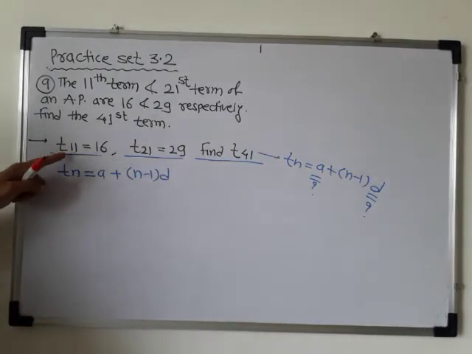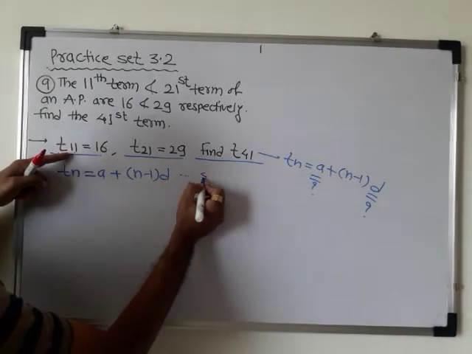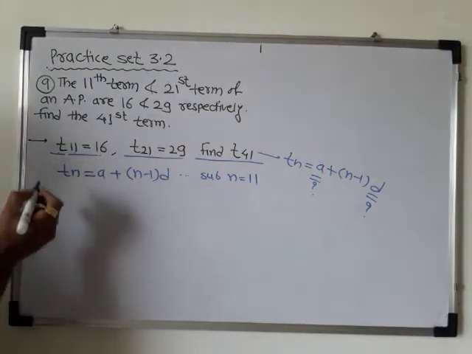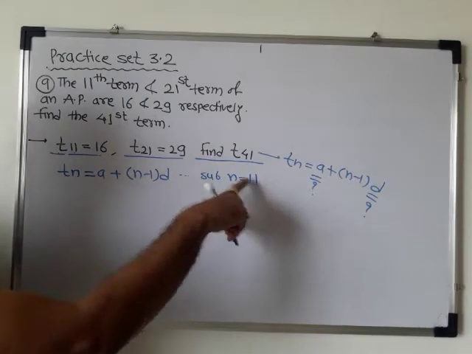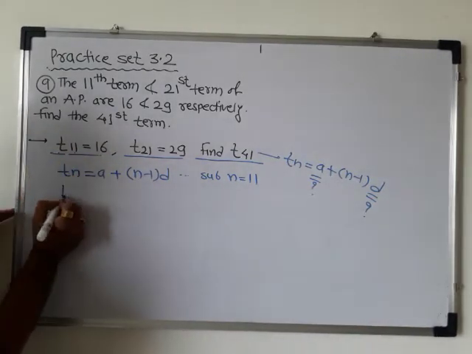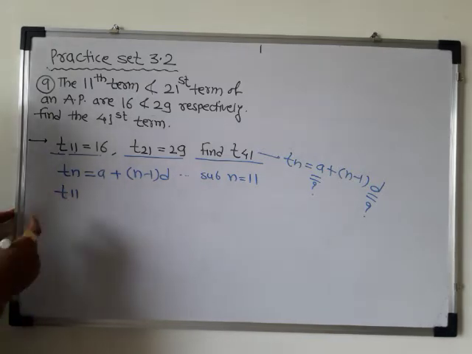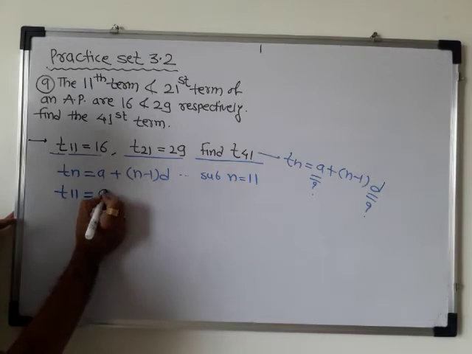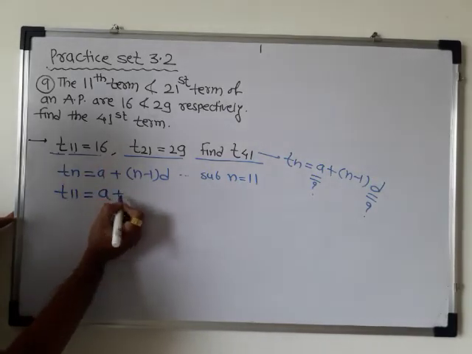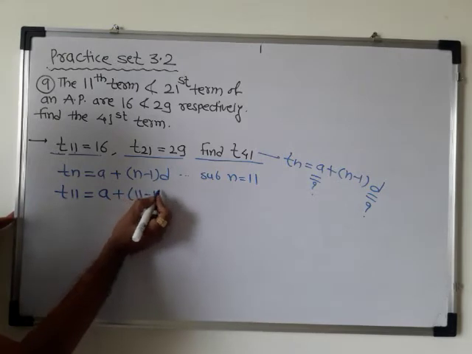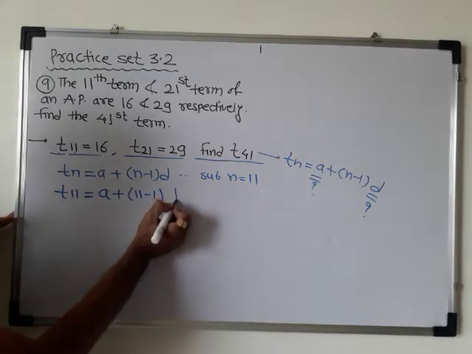As the 11th term is known, here we will substitute n is equal to 11. Why n is equal to 11? Because the 11th term is given. So we will start by substituting n is equal to 11. a as it is, which is not known, plus n means 11 minus 1, into d, not known.